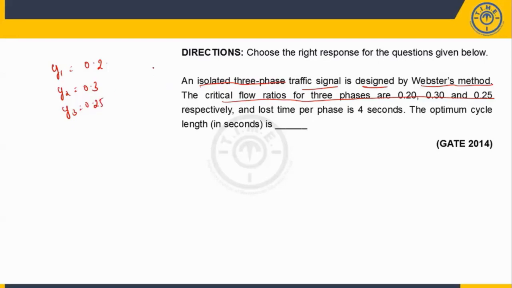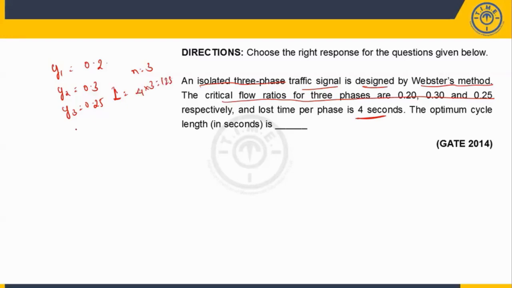Total how many phases do we have? Three. What is the lost time per each phase? 4 seconds. So what is the total lost time L? Sir, 12 seconds, 4 into 3.